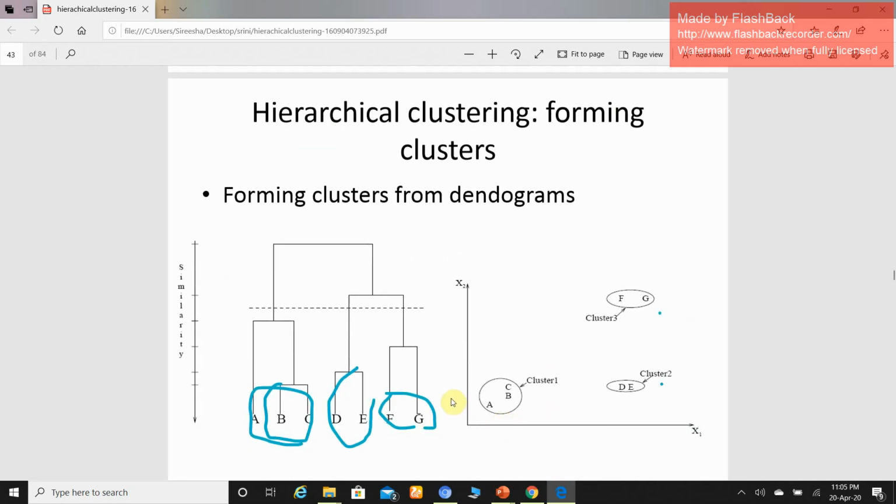Next, this is an example of hierarchical clustering and forming clusters.